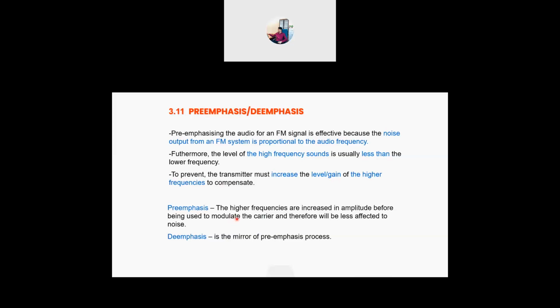So before we actually modulate, we need to increase the amplitude of the higher frequencies. De-emphasis is the mirror of the pre-emphasis process, so this one will be at the receiver.